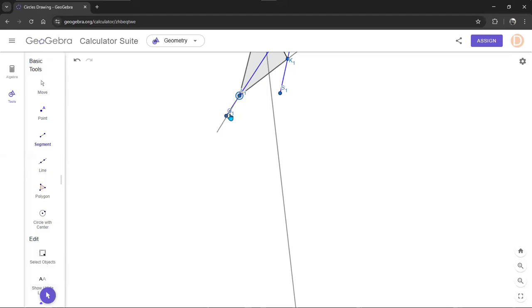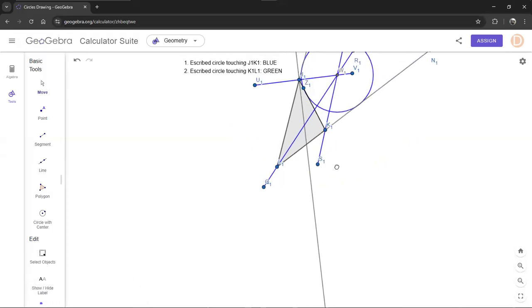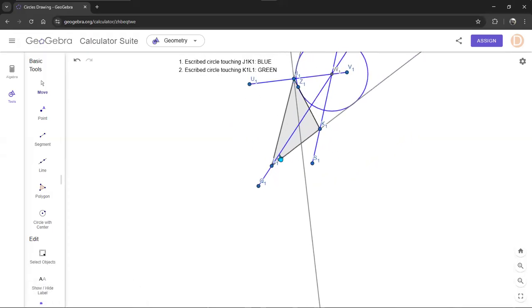But this is where you need to notice the mistakes, because now if you continue with this line, you are not continuing or extending the side of the triangle. You are now extending the bisector, which is a mistake. So when you are using the ruler, make sure you have chosen the right line. For our case, it's J1, L1.